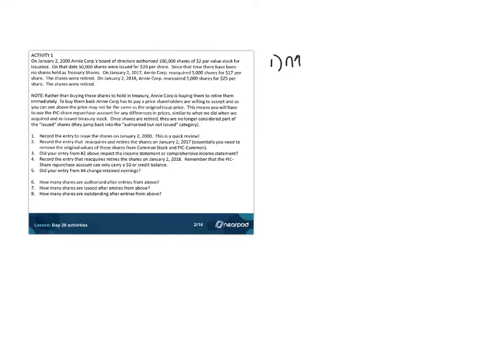So that first entry to record the issuance of the shares is just going to be a good review. This is the entry that you had earlier. Cash is going to go up, and that cash goes up by $1 million. And the common stock goes up.